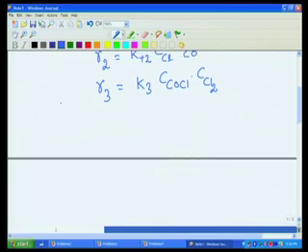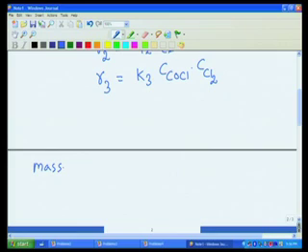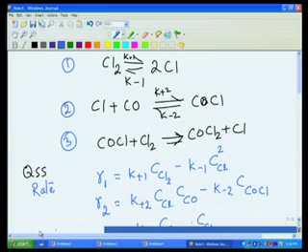Now, we will write our mass balances for 3 species. If you look at the reactions, we have chlorine, which is our reactant, carbon monoxide, which is also a reactant, and phosgene, COCl2, which is our product.